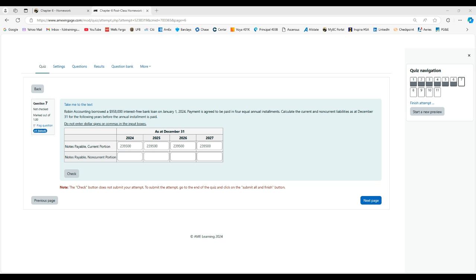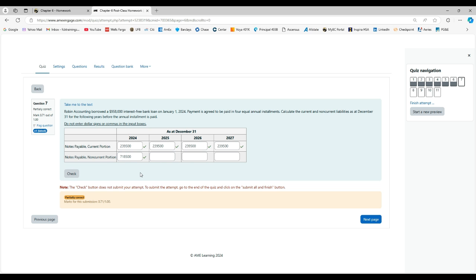958 in the first year that we do this, the non-current portion, so everything other than the 239,500, is 718,500. I'm going to check myself just because. Yeah, okay. Again, the wording is a little confusing. But in the second year, we have already paid back one of those repayments, so 479 is now the total. And then in the third year, we will again have repaid one of those payments.